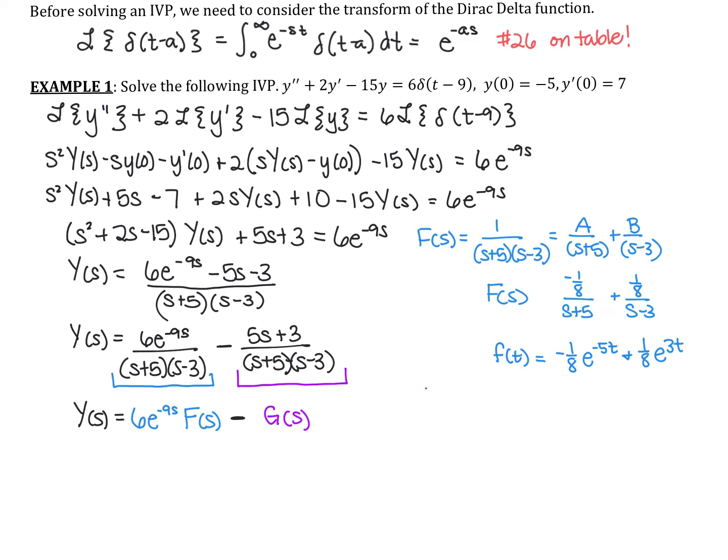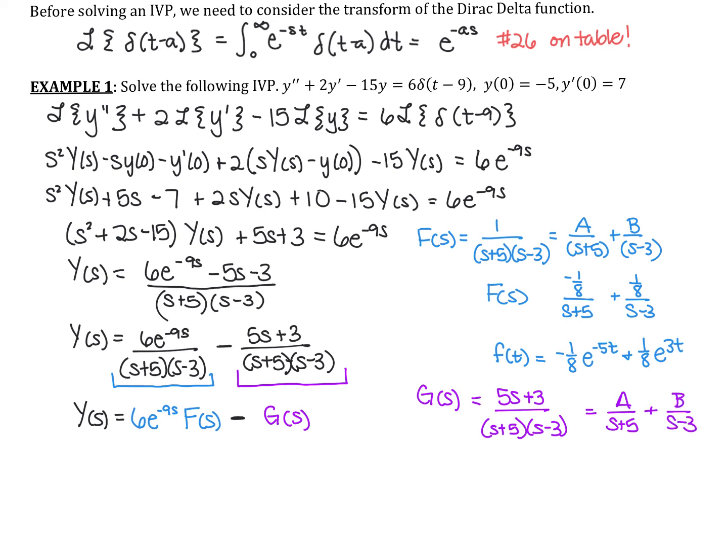And so I'm going to come to the side here, and you're going to do this. This is pretty common in these functions. I'm going to redefine G(s) over here to be 5s plus 3 over s plus 5, s minus 3. And that gives me A over s plus 5 plus B over s minus 3.